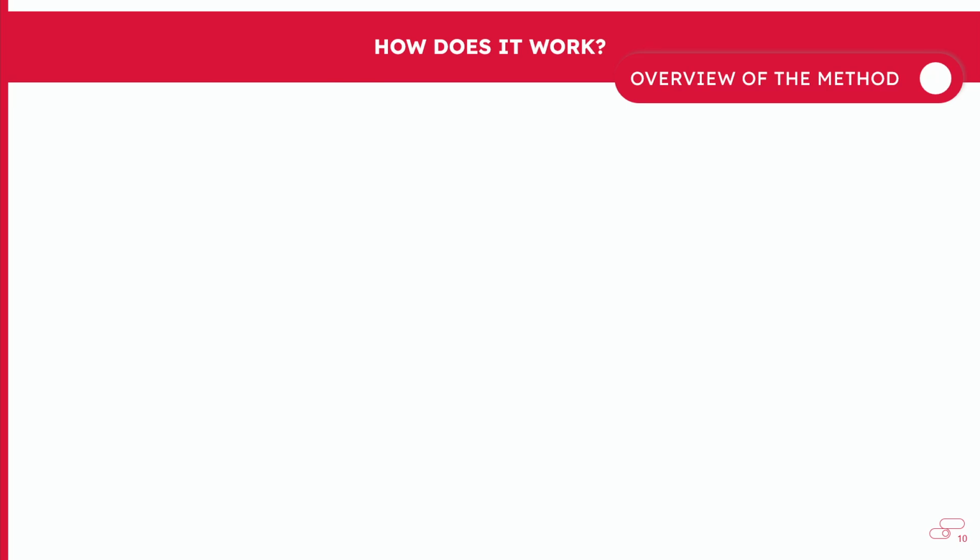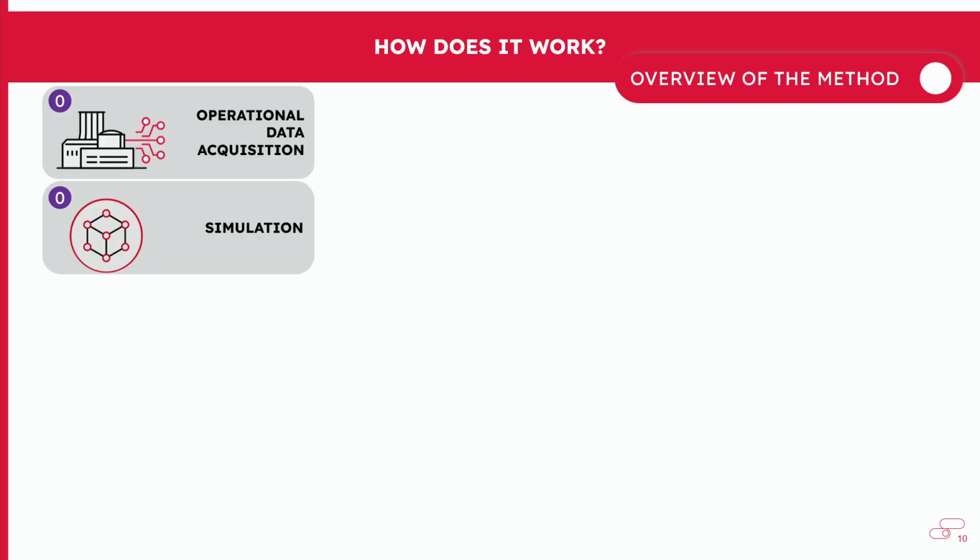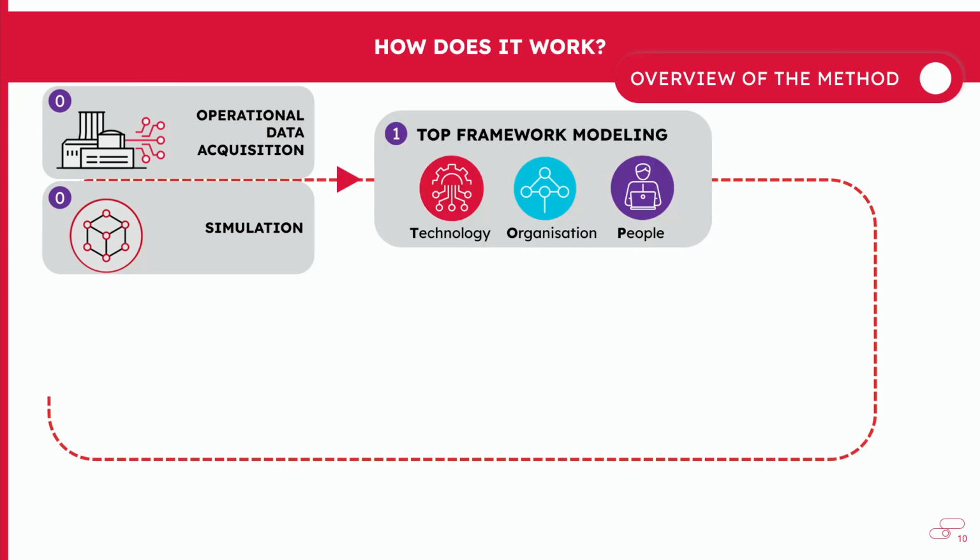We have just seen that this data can come from operational field data. It could come also from simulation data. So how does it work? From these two sources, we have the operational data, either acquisition or coming from simulation. We want to use this framework called TOP, for technology, organization, and people.